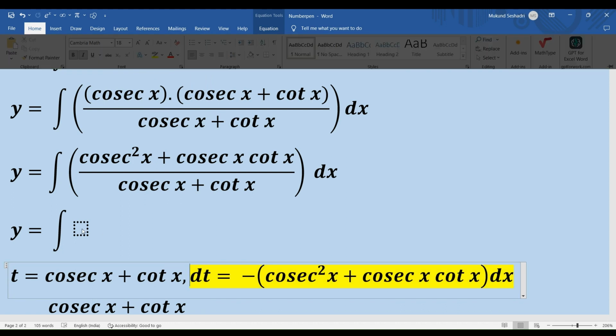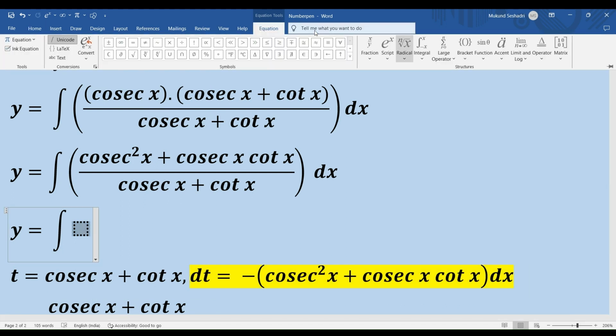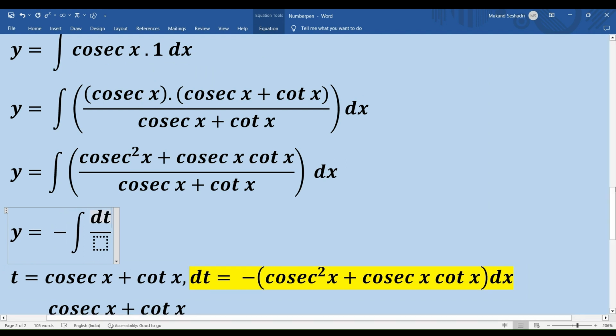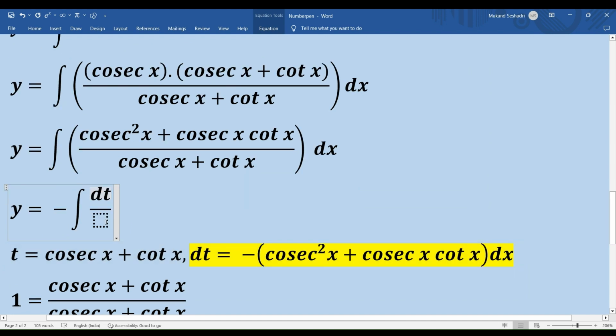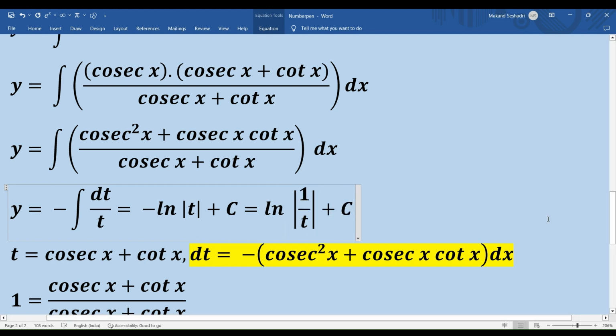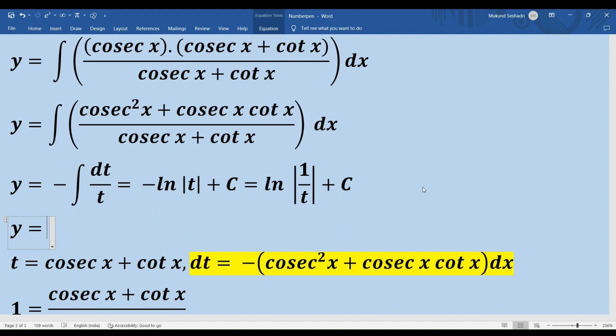So my numerator becomes a minus dt. I'm going to pull out the minus sign. And then my denominator, which is cosecant x plus cot x, becomes a t, right? Now, this is something very familiar to us, which is minus ln of mod of t plus c. And I pull my minus sign inside the ln, and I will land up with 1 by mod t, plus c, right?